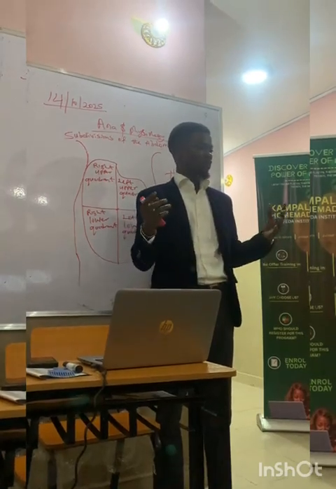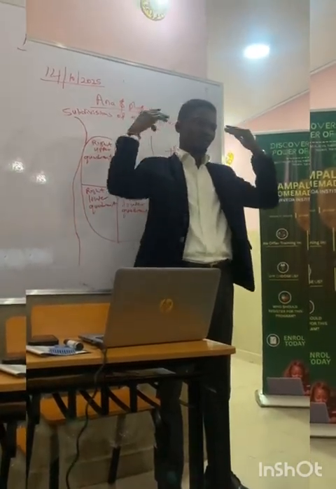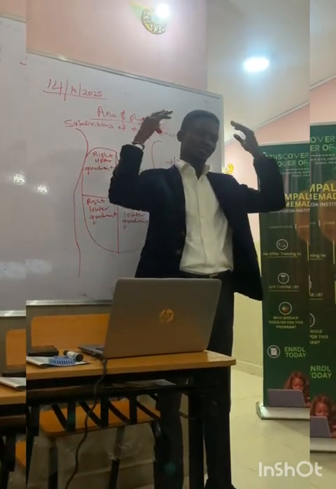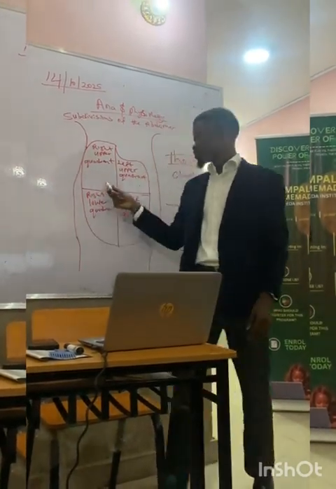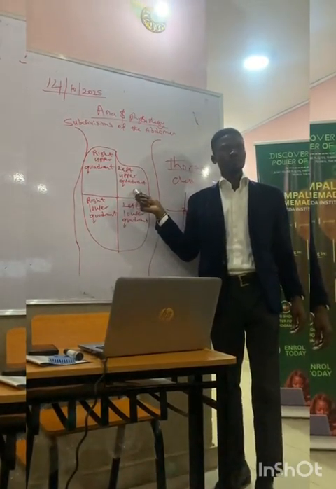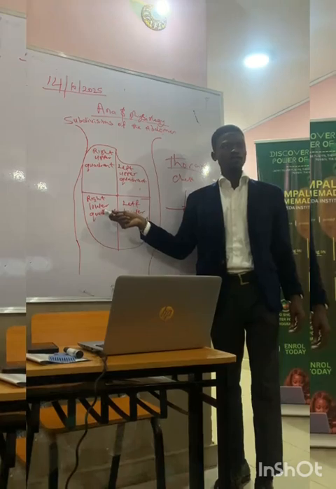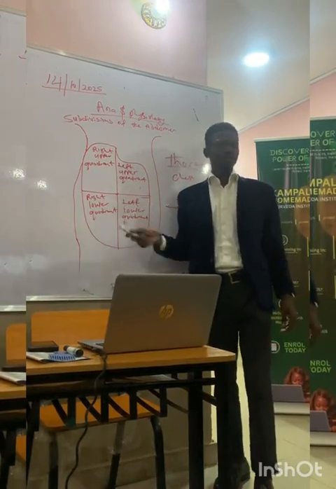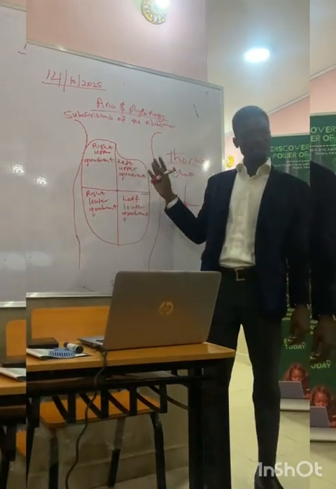Thank God we have established the fact of the sagittal, our left and right, and front and back, then upper and lower. So this is it. The upper left, the upper right, the lower left, the lower right. So there are some things that we need to understand very well about this.